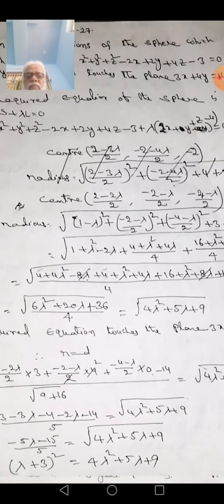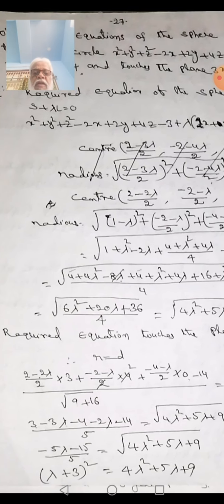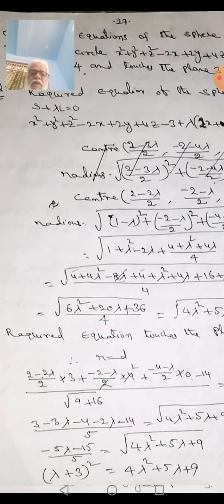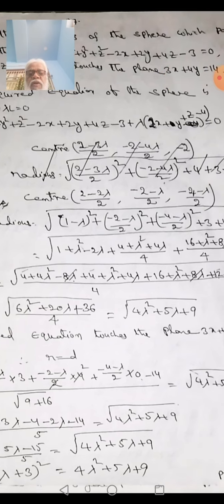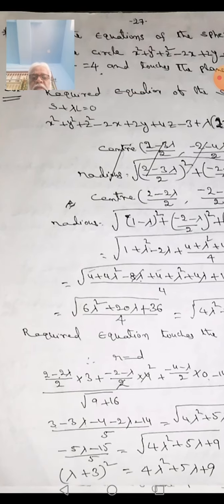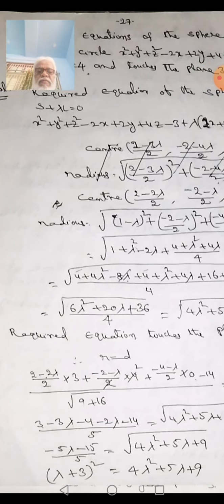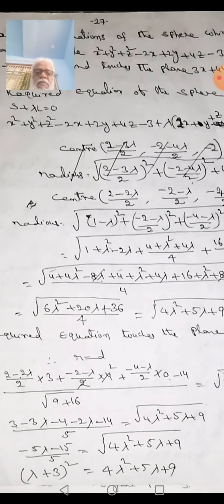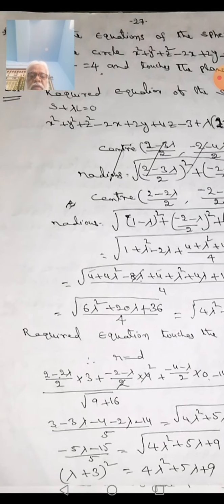After simplification, (3 lambda plus 3 minus 3 lambda minus 4 minus 2 lambda minus 14) by 5 is equal to under root of 4 lambda square plus 5 lambda plus 9, so minus (5 lambda plus 15) by 5 is equal to under root of 4 lambda square plus 5 lambda plus 9.